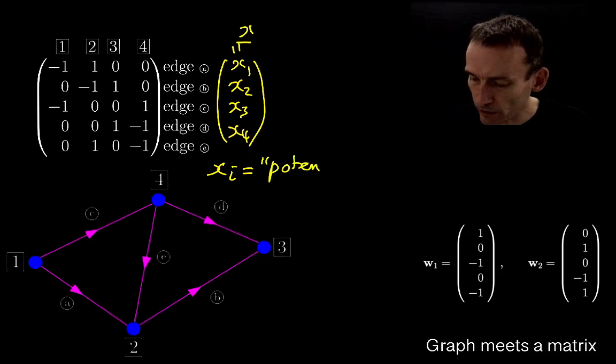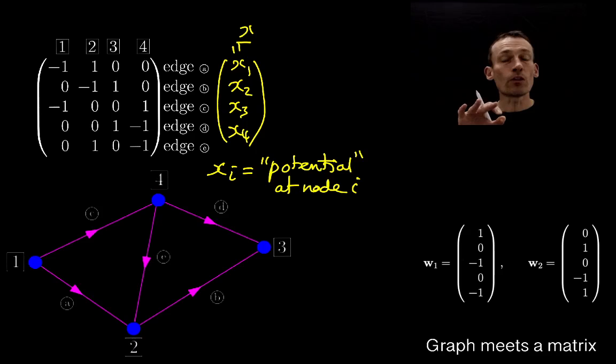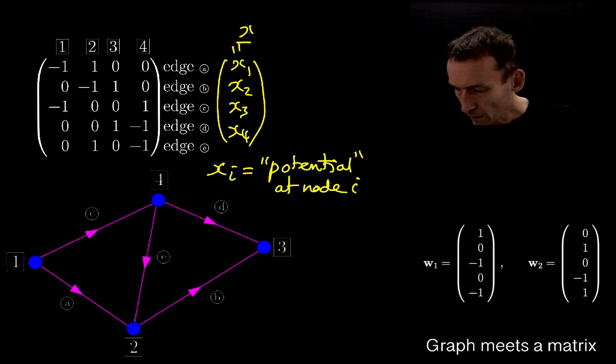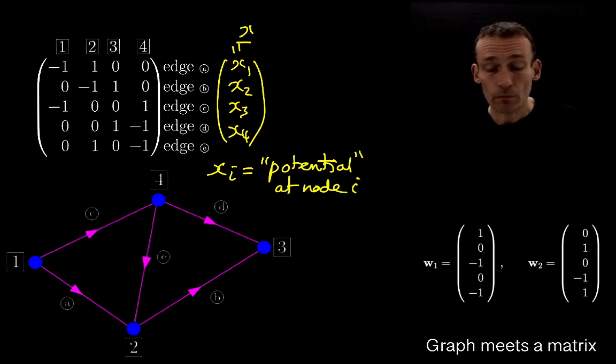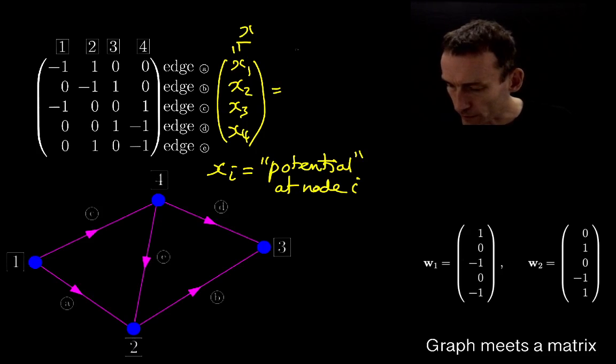I'm going to call it a potential at node i. It's a value that I assign to node i, and there are 4 of them because there are 4 nodes. Now I'm going to operate on it with A. It won't take long to work this out. Of course, I'm going to get a 5-vector.